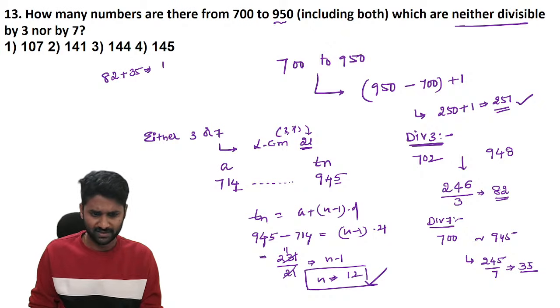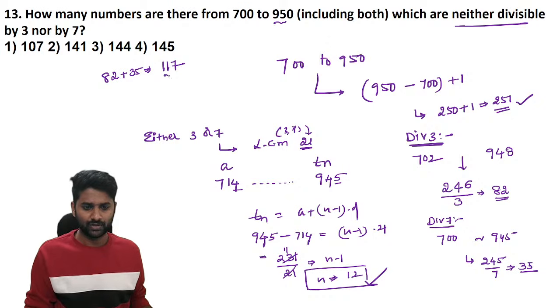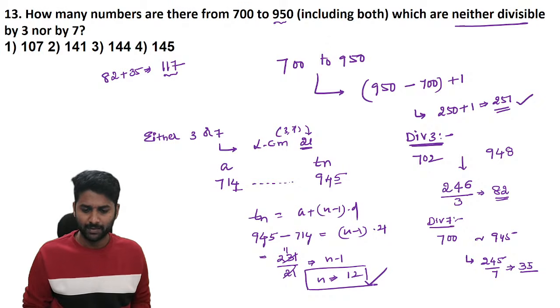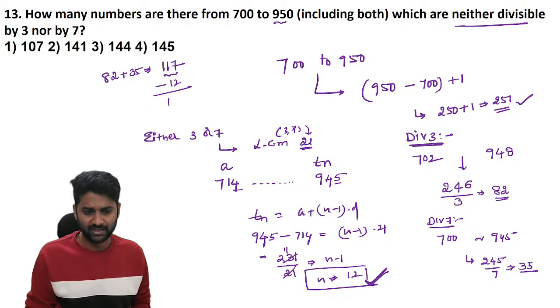Total how many numbers are there? 117. Clear? Yeah. So in total we have 117. But you already know that there are 12 common numbers and those you have to subtract. If you subtract 12 from 117, the result is 105.